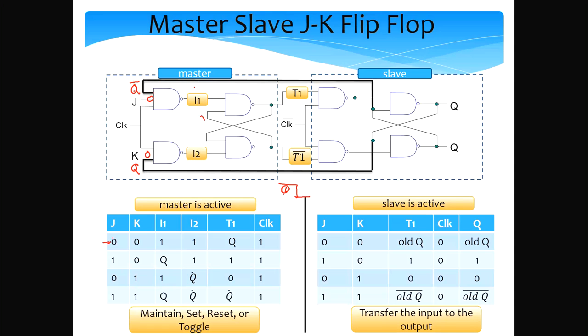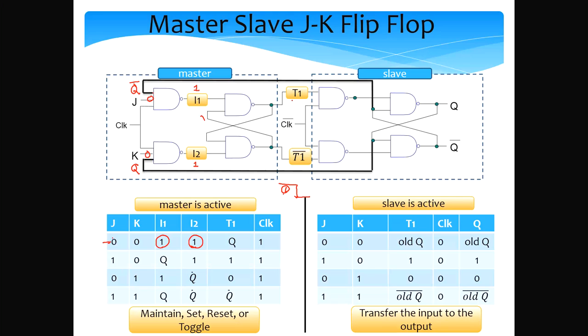So with no difficulty we can set I1 to 1 and we can set I2 to 1. If I1 and I2 are 1, essentially this is S bar and R bar, so set and reset both are 0. So the values, whatever values were there, they will be maintained.